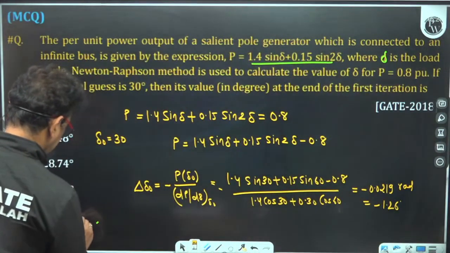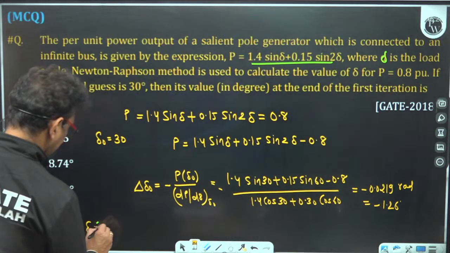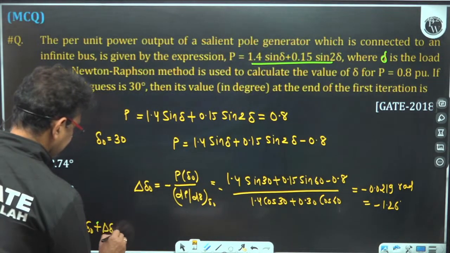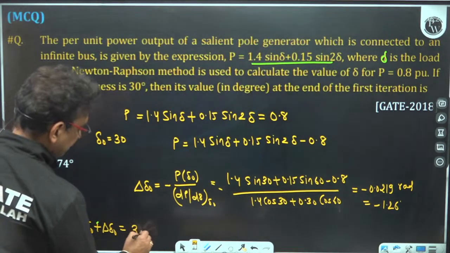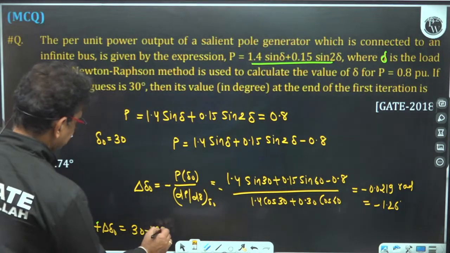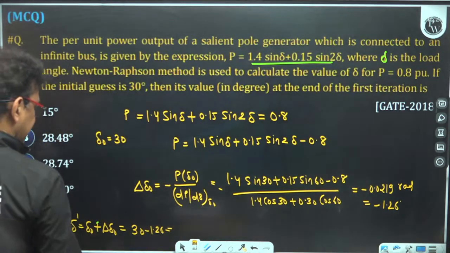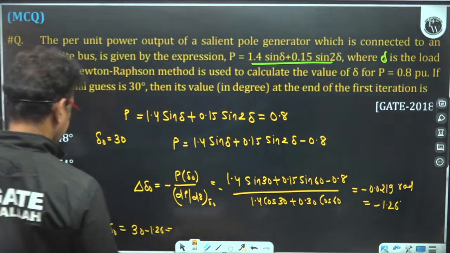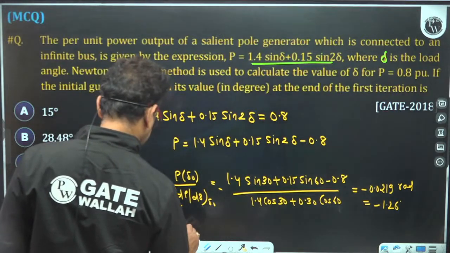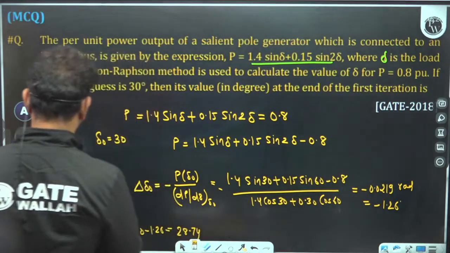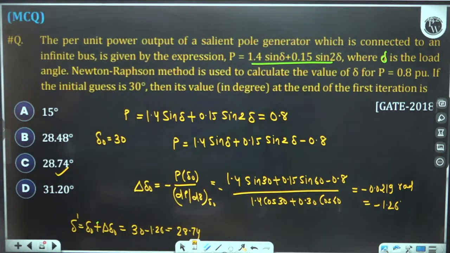So delta 1 is nothing but delta 0 plus del delta 0. 30 degree minus 1.26, how much will it come? 28.74. Clear?